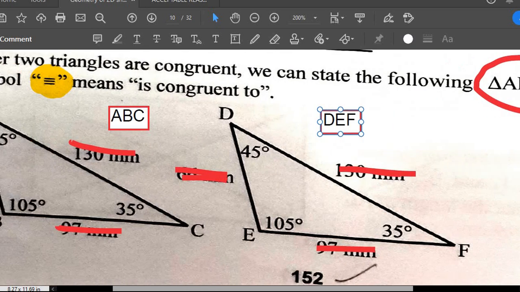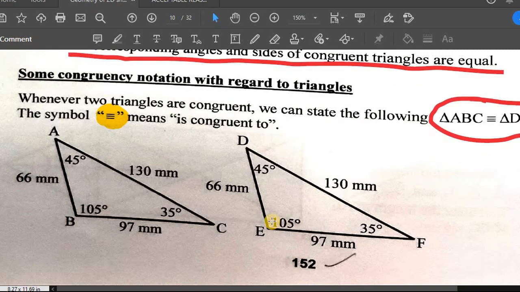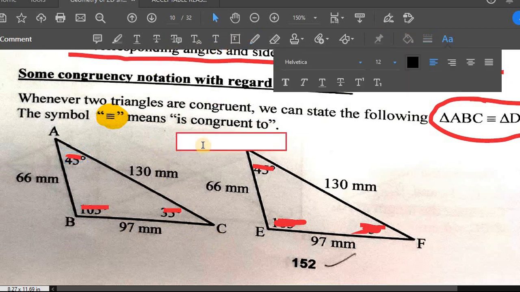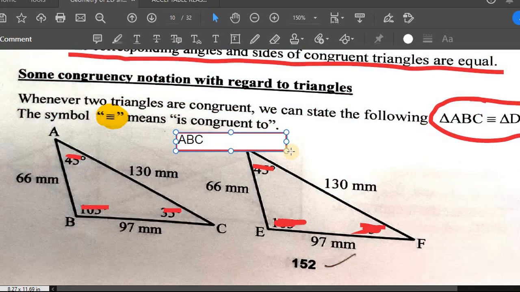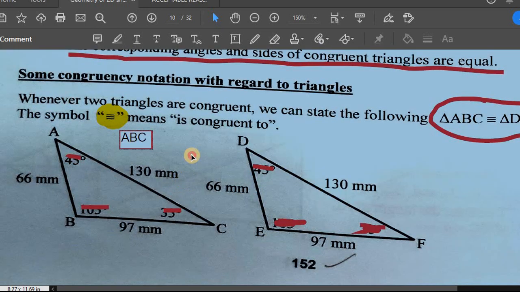Right? Now let's see using our sides. Let me just go out a bit. Okay, now if we have sides, we're imagining that we don't have these angles. The question does not give us these angles. Now we're looking here. We got a 66. Let's see, if we want to move ABC, right?